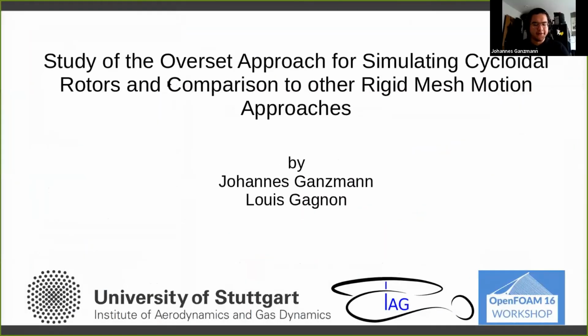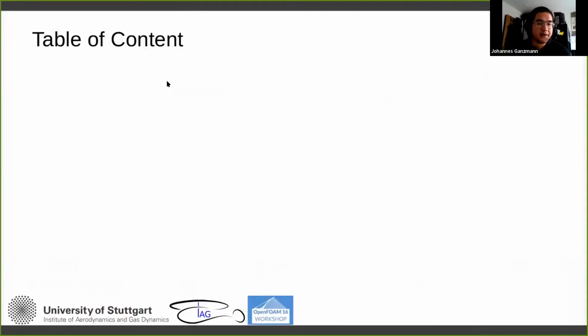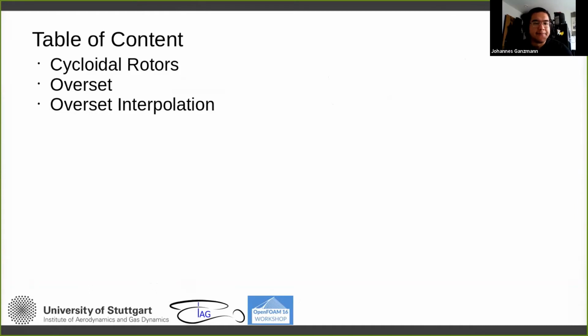All right, thank you very much. As you said, we're going to have a look at my topic that I continued from my bachelor's thesis with my advisor. First of all, what is a cycloidal rotor? Next, what is overset? A specific function is the overset interpolation, and we're going to look at how this works.